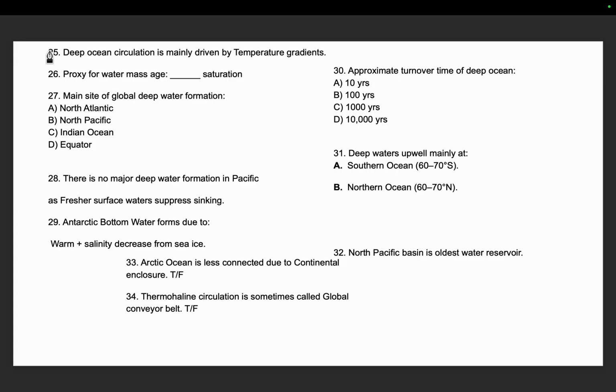I think it is false. Yes, this is false because temperature and salinity both determine the deep ocean circulation. Question 26: proxy for the water mass age is dash saturation. Proxy for water mass age is oxygen saturation.